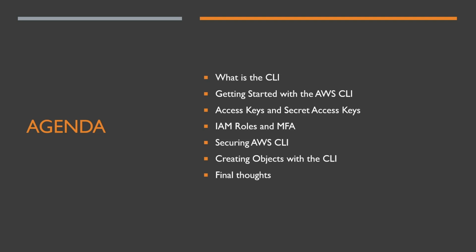We'll talk about the components that we would need to configure the command line interface, talking about the access keys and the secret access keys. We'll talk about roles and multi-factor authentication. We'll talk about securing the AWS command line interface, and we would actually see how to create objects with the command line interface, and then we'll wrap everything up.